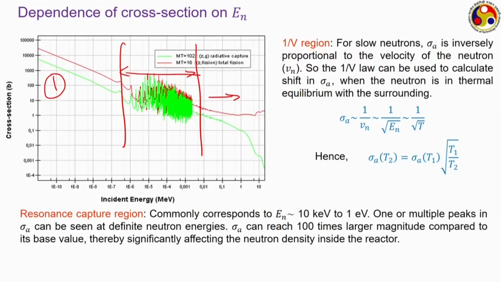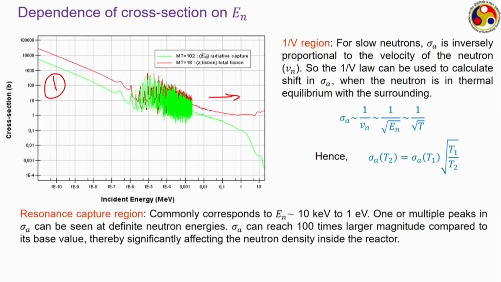At certain energy levels the cross section of the neutron is quite high, whereas at certain other energy levels it can be quite low. In fact, for elements like uranium 238, the absorption cross section at a peak can be 100 times more than the base values, and therefore it can significantly affect the neutron density inside the reactor.